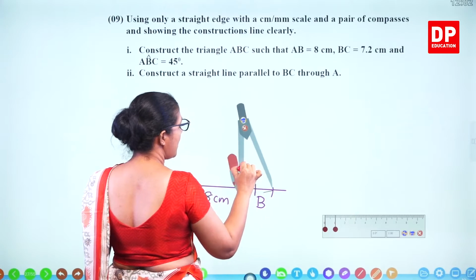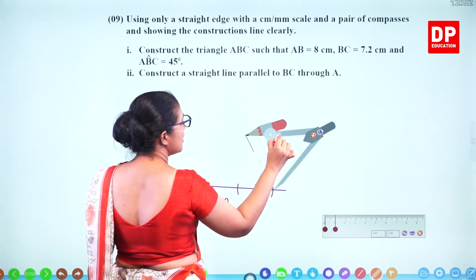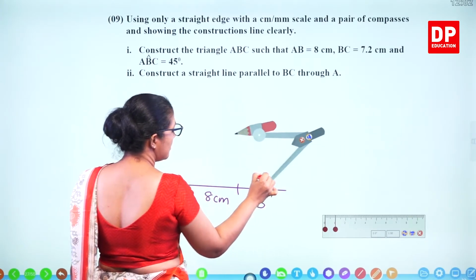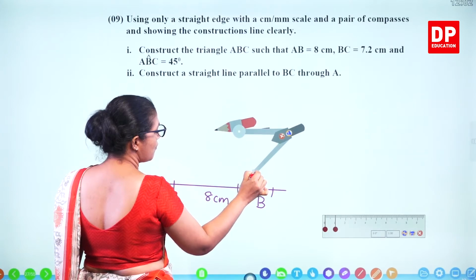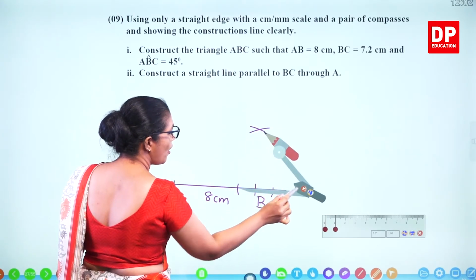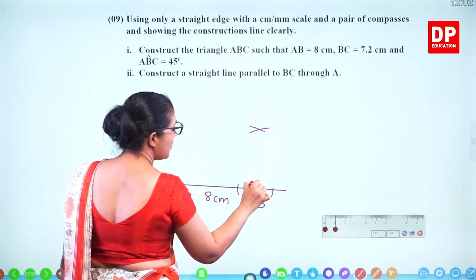We'll take more than that to get the C point. So we'll take a bigger length, draw an arc here, an arc from this point. The intersecting point, we connect with the ruler to B.